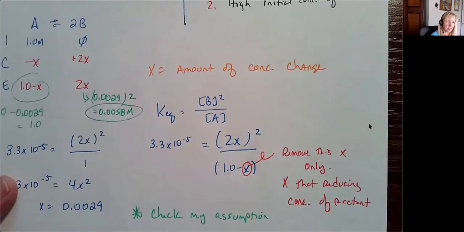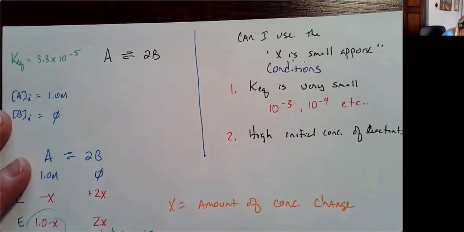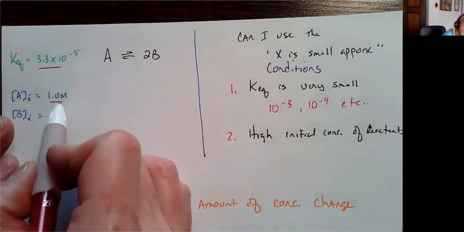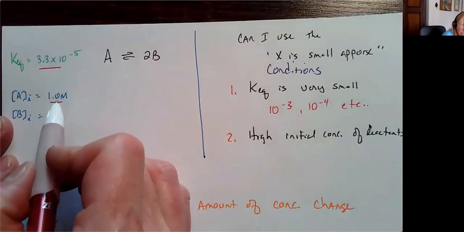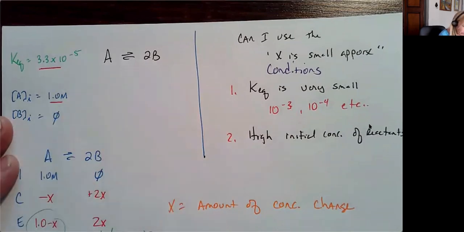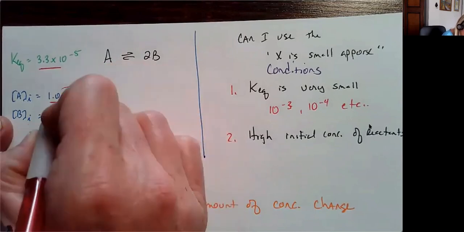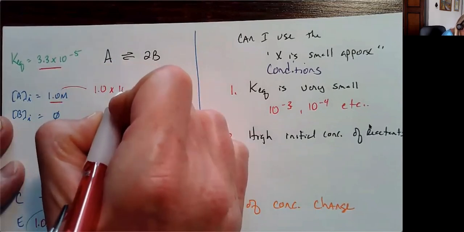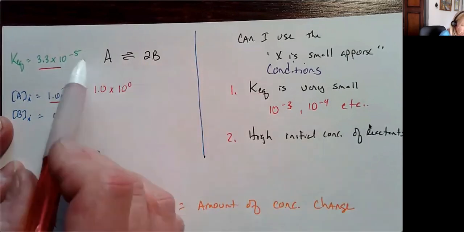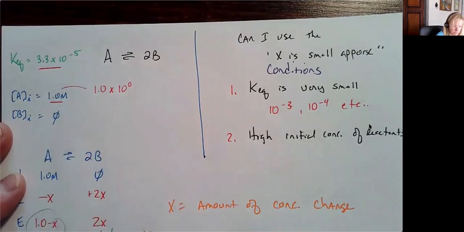As a rule of thumb, if I look at my initial concentration and my equilibrium value here, and if these are 10 to the third apart from each other, then my x small approximation is going to work, meaning that if I wrote this in scientific notation, this would be 1.0 times 10 to the 0. And so 10 to the 0 and 10 to the minus 5th are more than 10 to the 3rd apart, so then I know my x small approximation is going to be good.